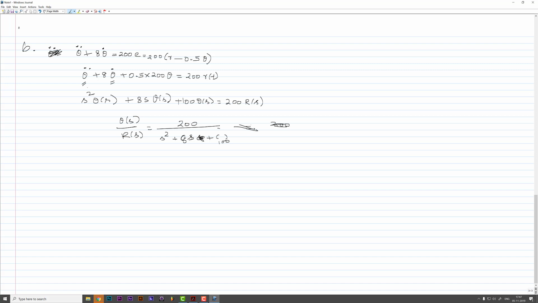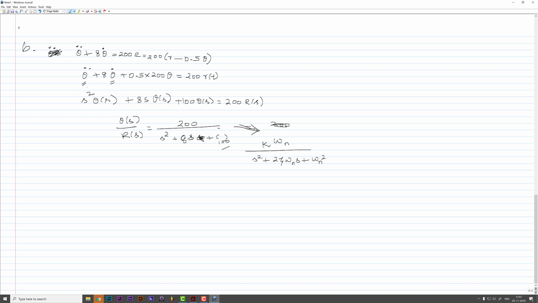So you have to compare it with omega n square divided by s square plus 2 zeta omega n s plus omega n square.